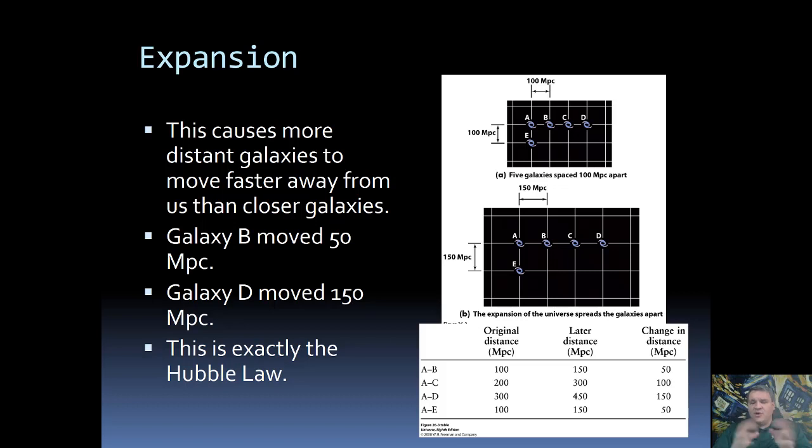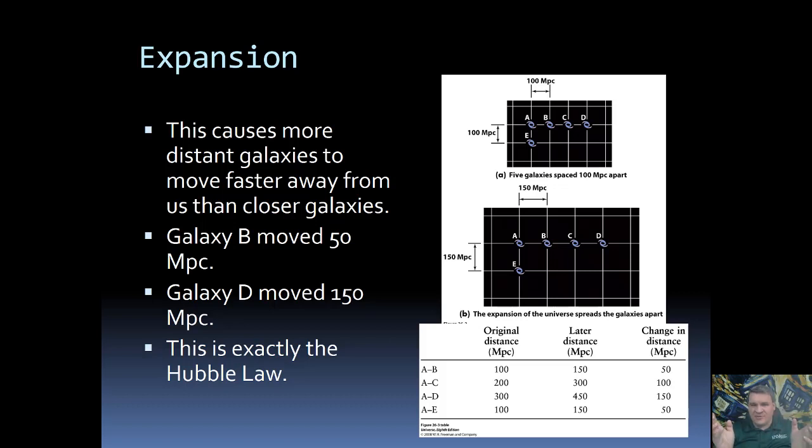Okay, so in 2 billion years, galaxy B moved 50. In 2 billion years, galaxy C moved 100. And in 2 billion years, galaxy D moved 150. In other words, galaxy B moved, but it moved the slowest. Galaxy C moved faster than B, and galaxy D moved the fastest. So the farther away the galaxy is, the faster it had to move.